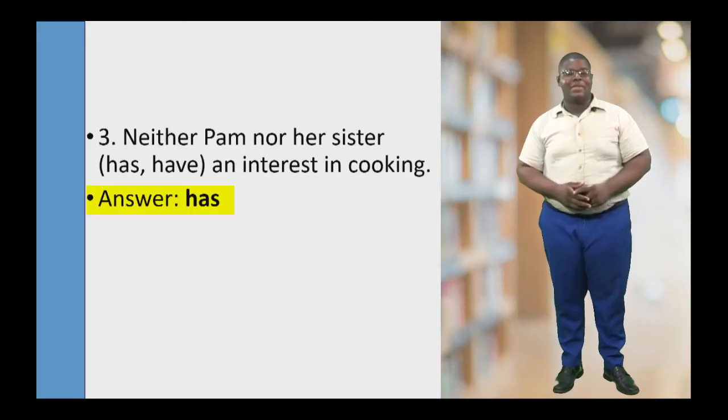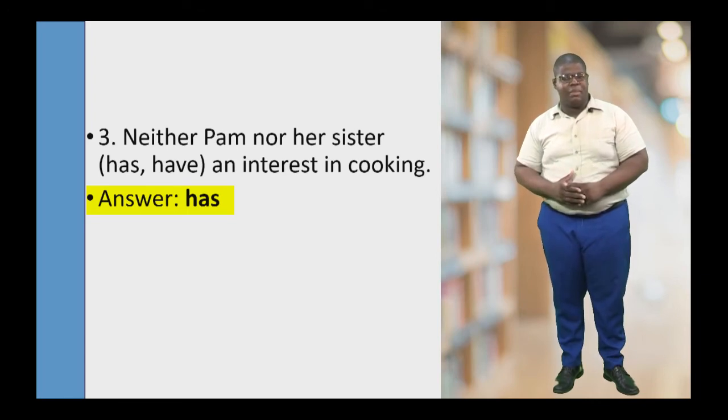All right, if you said has, you are correct because we have the subject sister. That's singular, and it's right next to the verb. So, sister being singular, we must take the singular verb, and in this case, has. So neither Pam nor her sister has an interest in cooking.